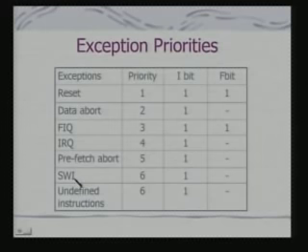Software interrupt instruction is an explicit instruction as part of your code. But if you look at others, say data abort, prefetch abort or undefined instruction, they can happen because of some kind of exceptional condition during execution of your code.